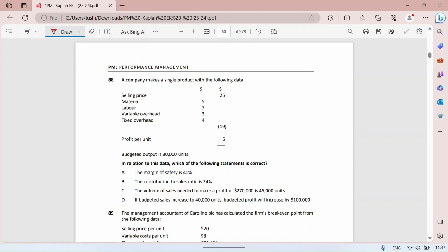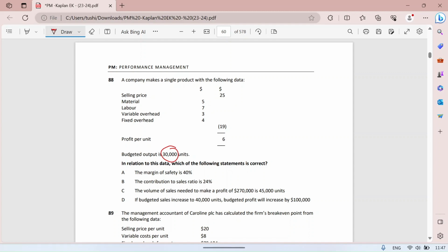So if your budgeted sales increase to 40,000, let's say as of now your budgeted profit is $30,000. So this means that 10,000 more units will be produced, and we will have a contribution of how much? If we just work out the contribution, 25 minus 5 minus 7 minus 3, this will give you $10.